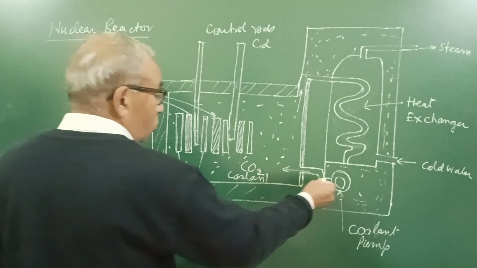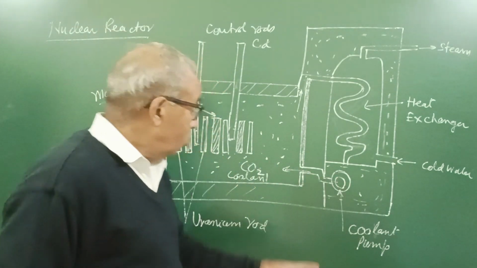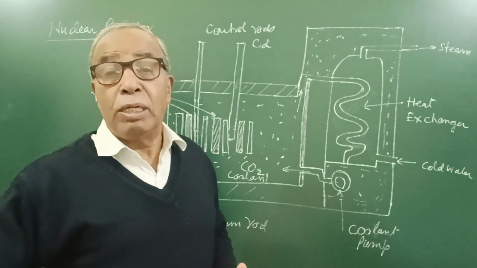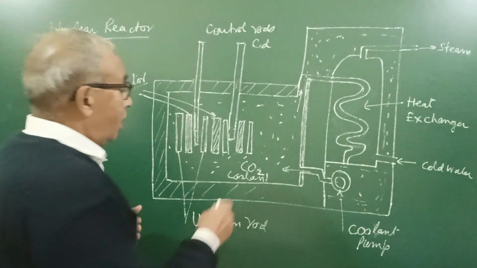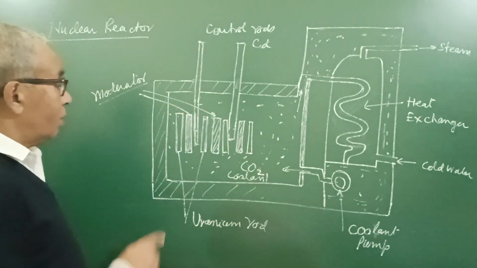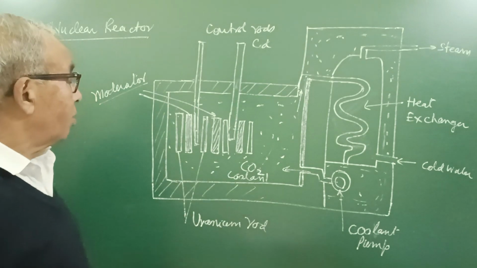Here, coolant CO2 is sent into this. It is a pump which sends CO2 gas. CO2 gas absorbs heat radiation more easily, become hot, and hot CO2 absorbs energy from the fragments of nuclear fission reaction.